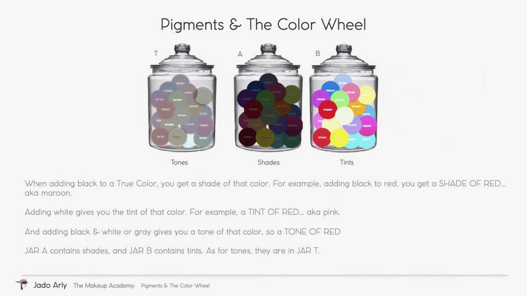Now let's look at the color when we add black, white, or gray to it. In jar A, we have all the shades, and shades refer back to a true color that's been mixed with black. So for example, the true red, when mixed with black, becomes a shade of red. We also call it maroon.